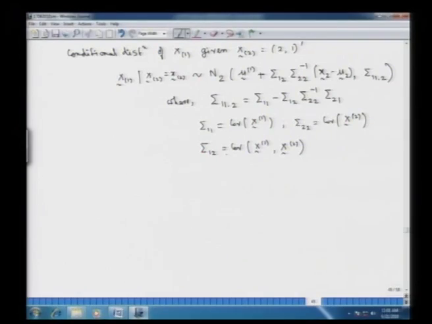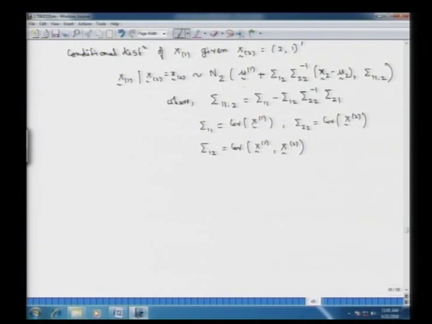So if we have these elements, then we have this joint distribution of x1 x2 as rearranged elements forming the new vector, and the conditional distribution x1 given x2 equal to small x2 would be given by this particular multivariate normal distribution with this as its mean vector and this as its covariance matrix.